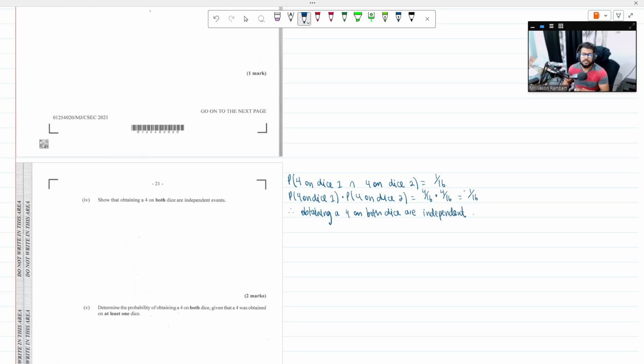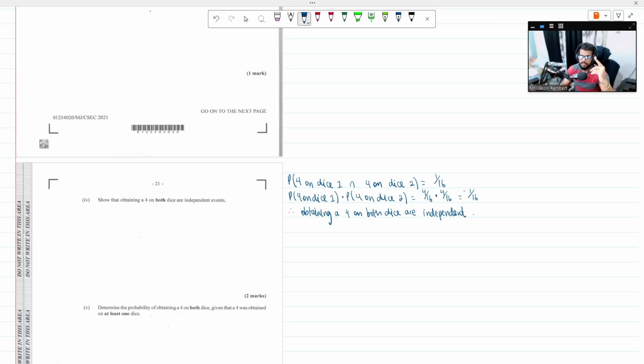Now, it would have been a lot easier to follow this working if I named the events. For example, if I say, let the event that a 4 on dice 1 be A, and getting a 4 on dice 2 be B, instead of having 4 on dice 1 intersect 4 on dice 2, I'll have the probability of A intersect B. For independent events, the probability of A intersect B is equal to the probability of A multiplied by the probability of B. We already have the probability of A intersect B. There's a 4 on the first dice and a 4 on the second dice.